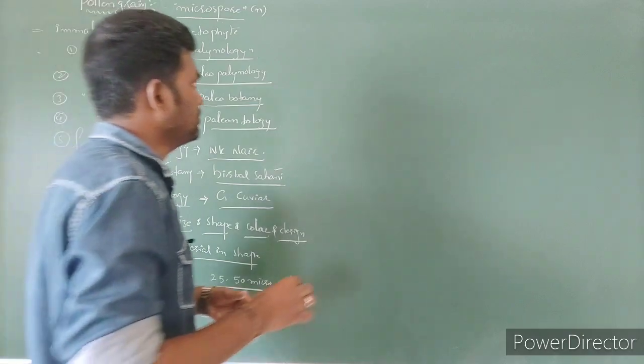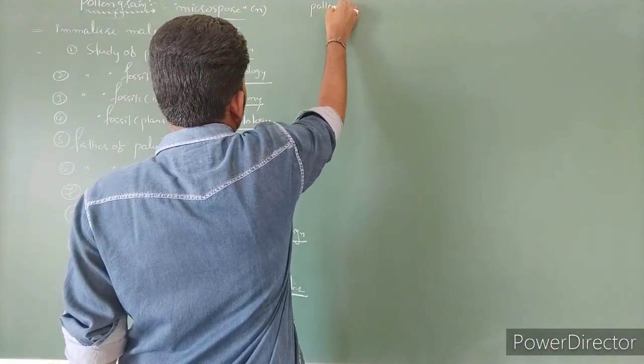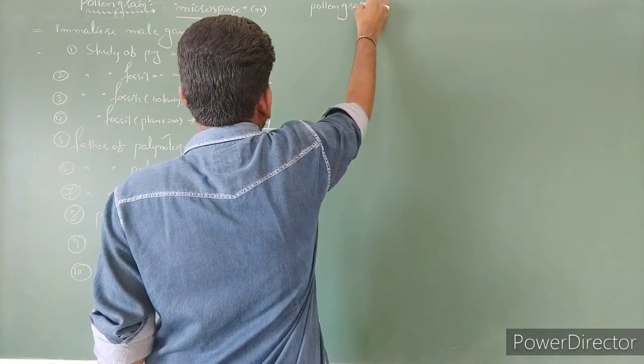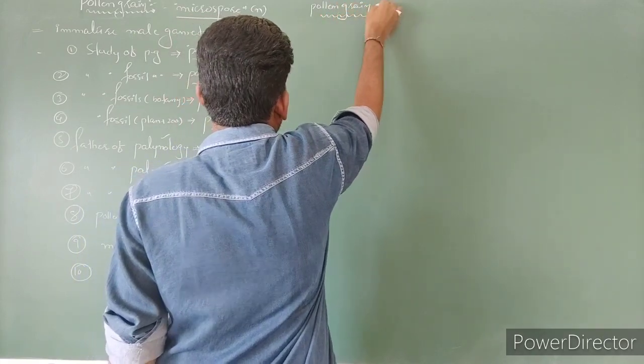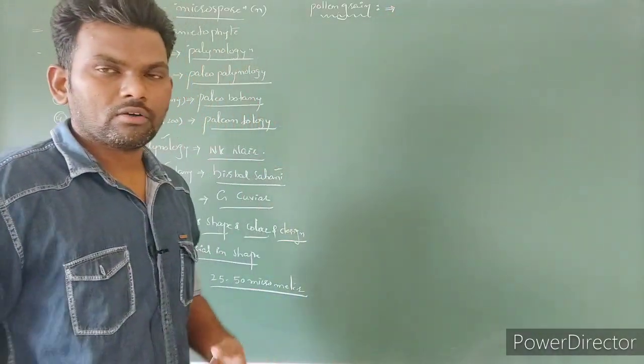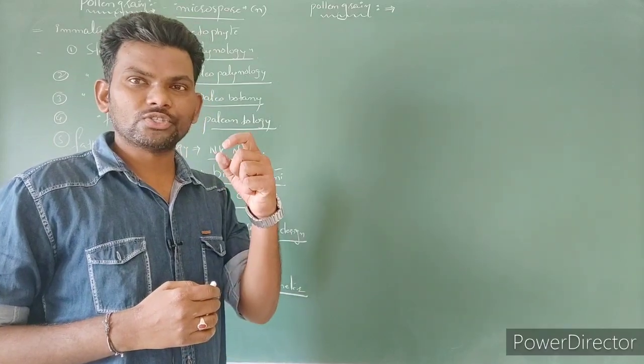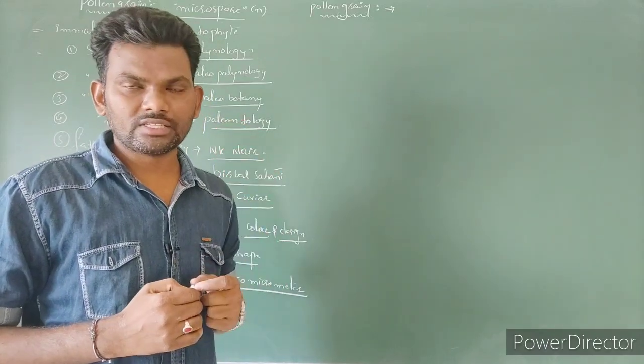So let's start with the NCERT information on pollen grain. Pollen grain is also known as immature male gametophyte. The pollen grain consists of two walls.